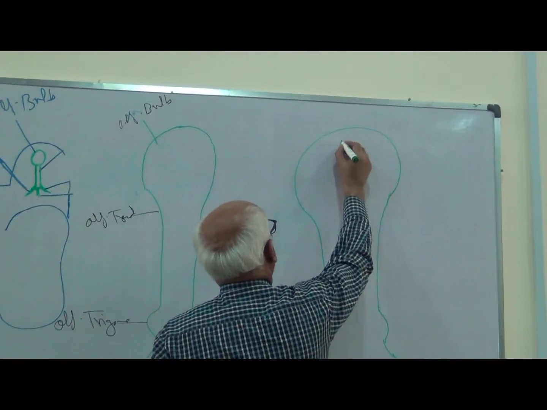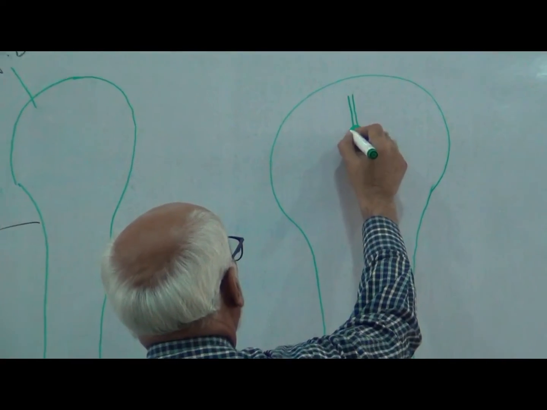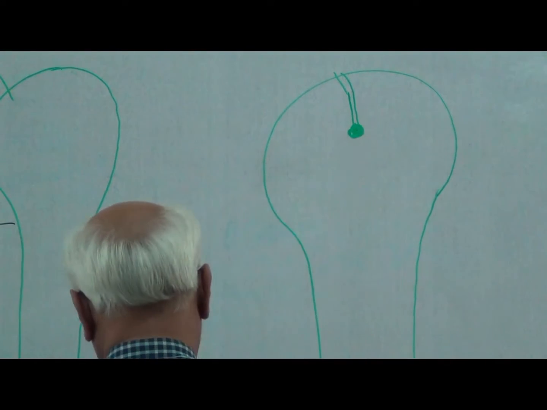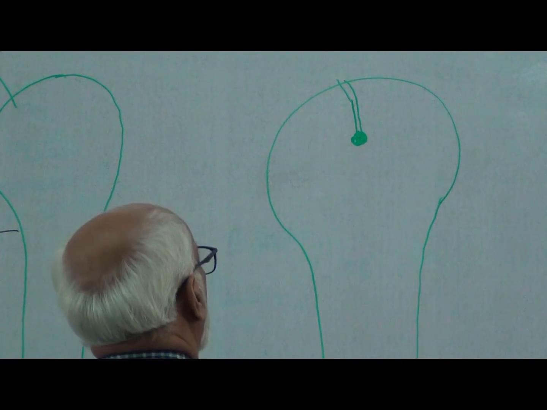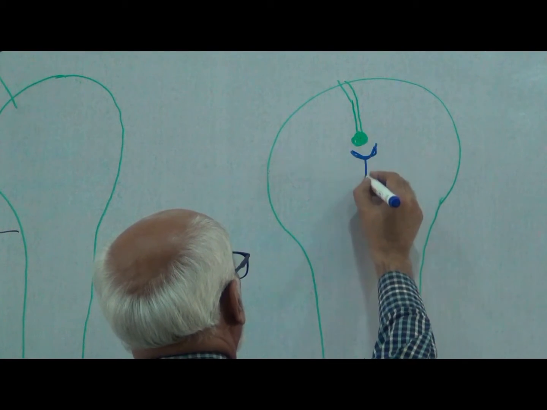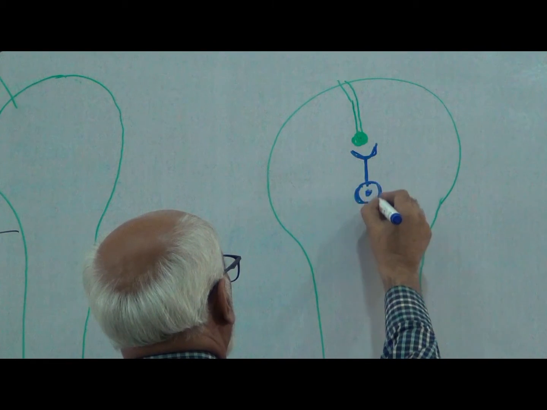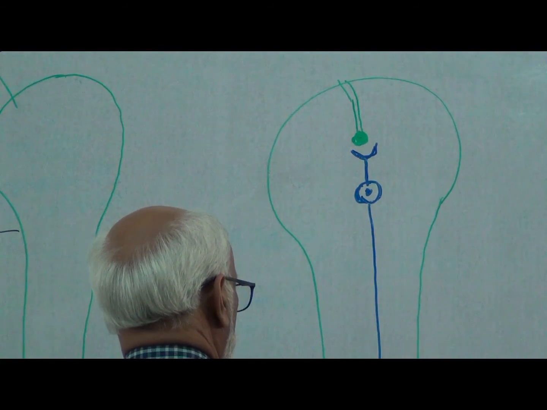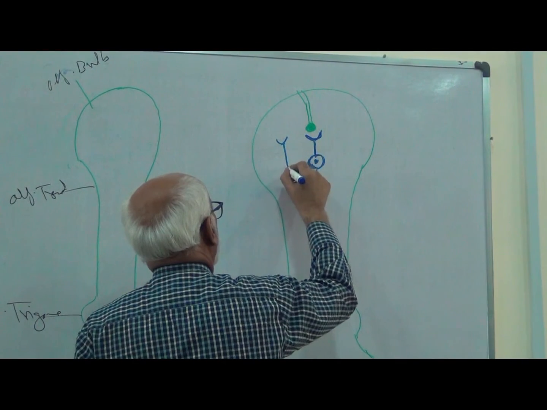Suppose this is the axon of the primary olfactory neuron, the olfactory nerve. Then this is the secondary olfactory neuron with cell bodies in the olfactory bulb, and their axons traverse the olfactory tract.